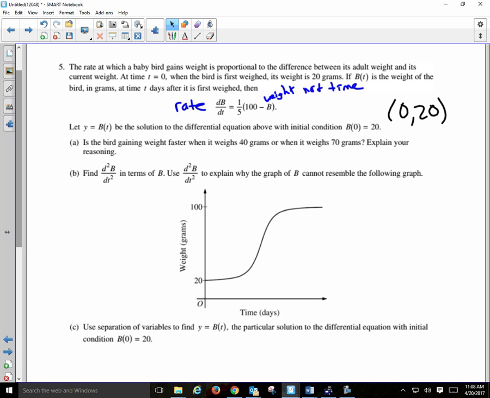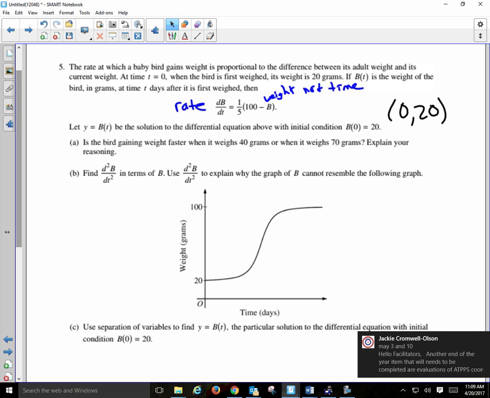I'm looking at the rate at which it's gaining weight. Does this tell me the rate at which it's gaining weight? Yes, it does. So if I want to know the rate, what do I do with the 40 and the 70? Just plug them in.